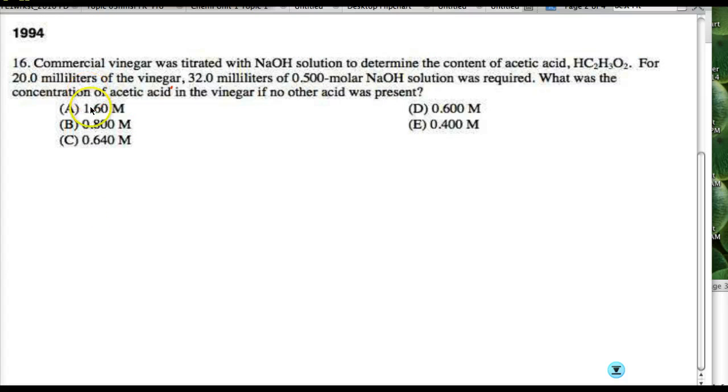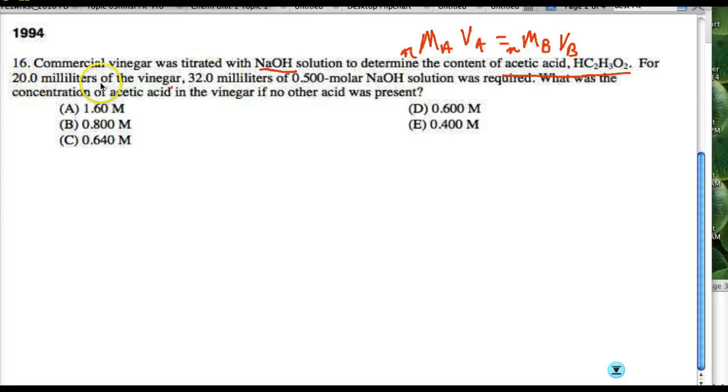Okay, 1994, number 16. Commercial vinegar is titrated. Titration. Base. I've got an acid-base. I've got the molarity of the acid times the volume of the acid equal to the molarity of the base times the volume of the base, as long as I keep my mole ratio in my mind. So, to determine the content of acetic acid, we're titrating acetic acid and sodium hydroxide.